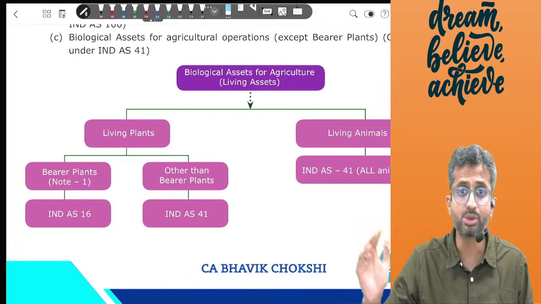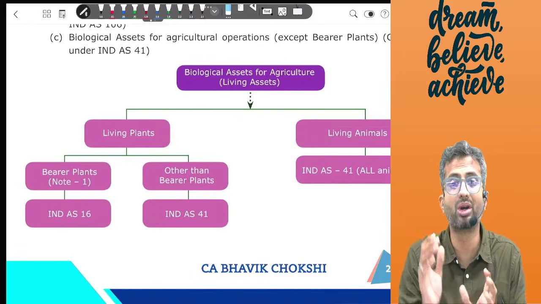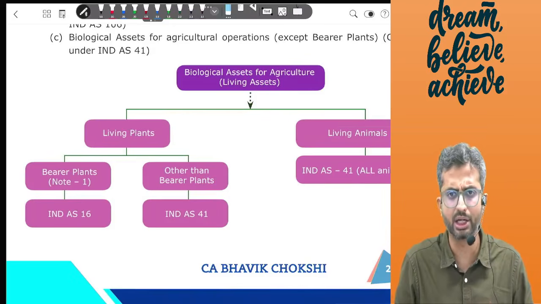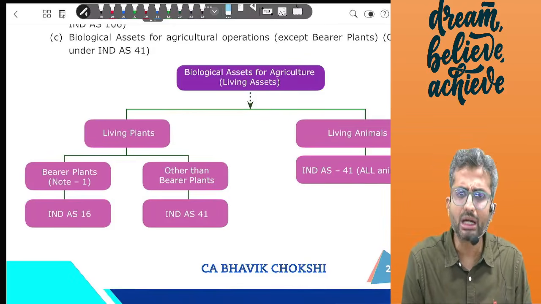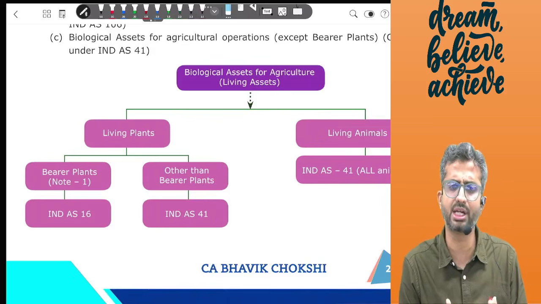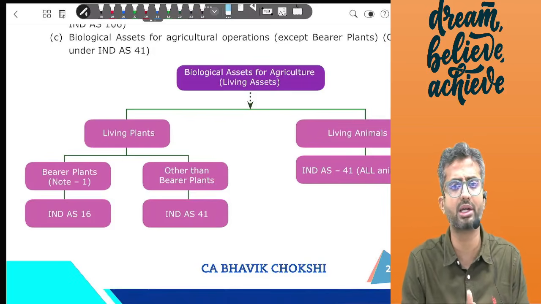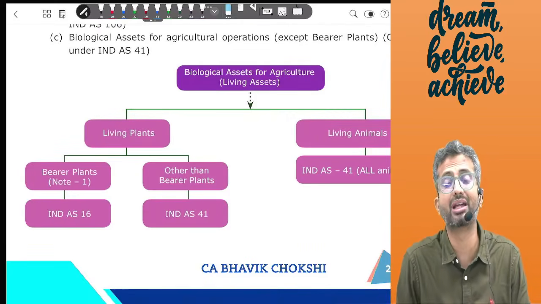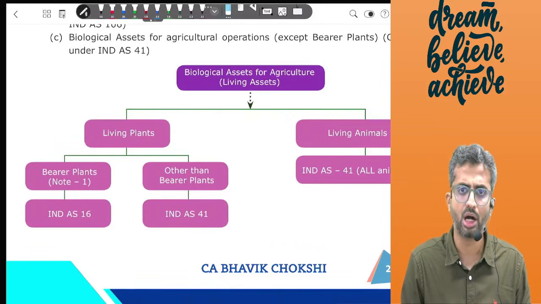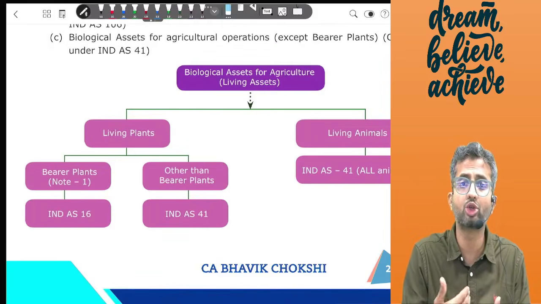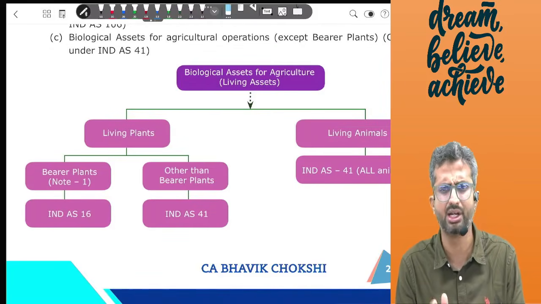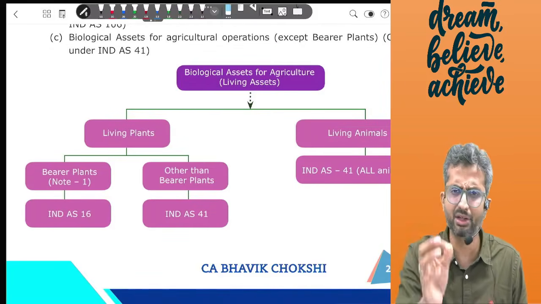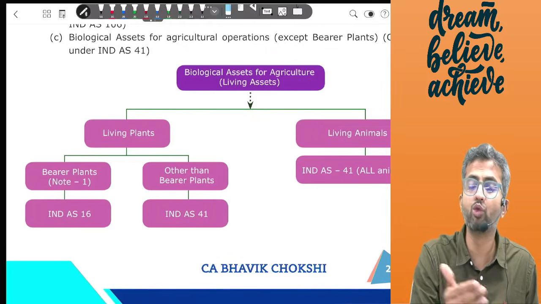And living animals which are used for agricultural purposes. What is exactly agriculture? You will study under IND AS 41. Predominantly agriculture covers activities whereby you are selling biological assets or converting biological assets into agricultural produce, or holding to generate more biological assets. You will do that in IND AS 41, but nevertheless these would be agriculture.